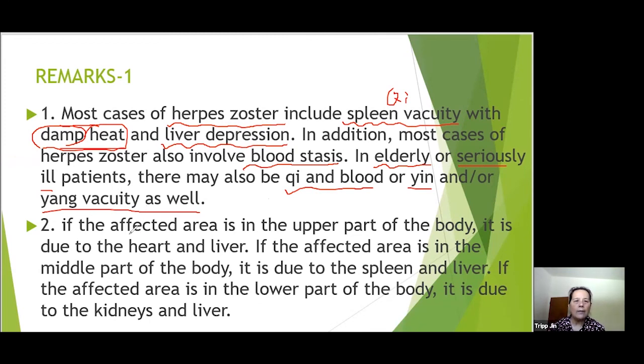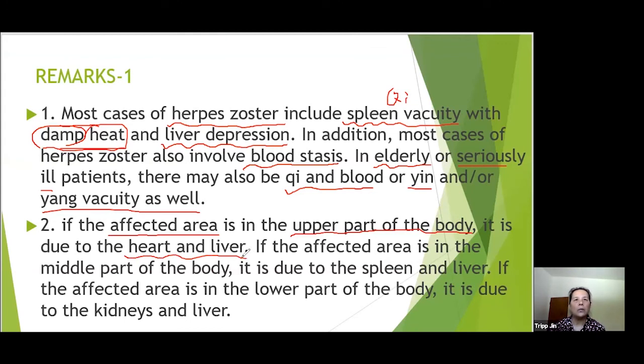The second aspect we need to think about is the affected area. For TCM, if the illness happens in the upper part of the body, that's mainly related to the heart and the liver.